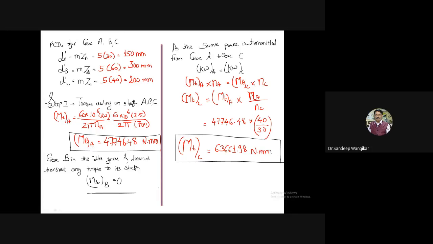Now let us move to the next step, components of gear tooth forces. So I will say here step number 2: components of gear tooth forces.